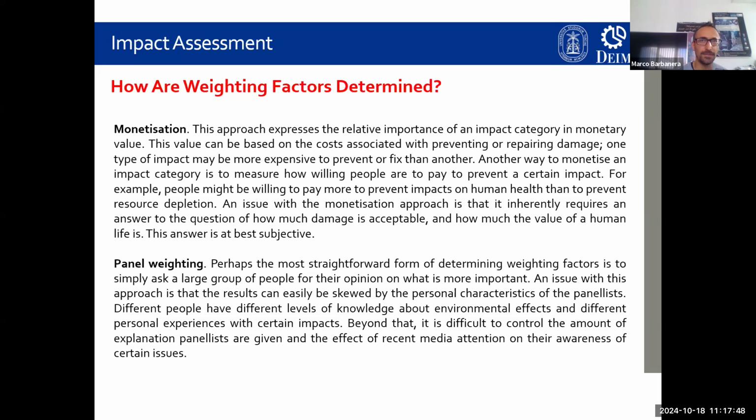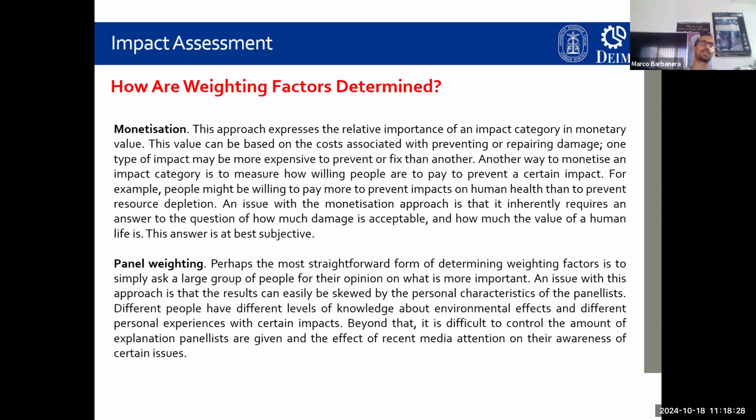But the main problem with this approach is that it's very difficult to carry out this conversion, because it's very difficult to obtain an objective conversion of the environmental burdens into monetary values. So this criteria is very subjective, and this is the main problem.